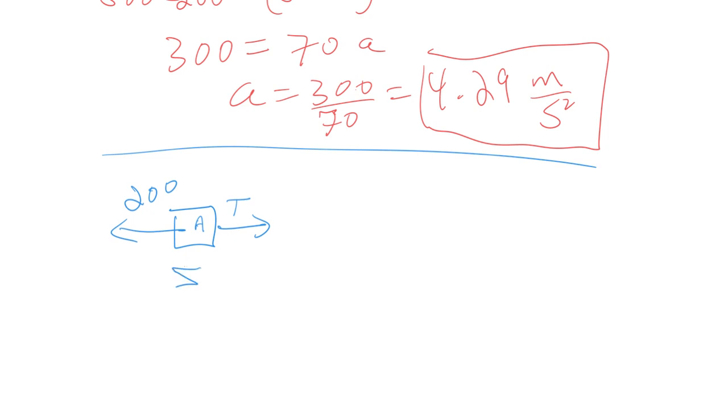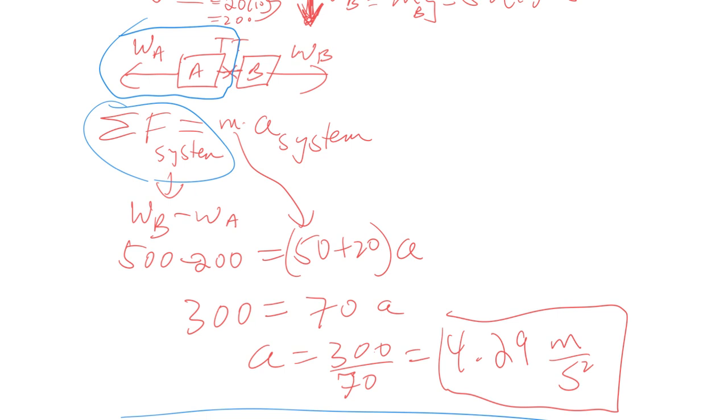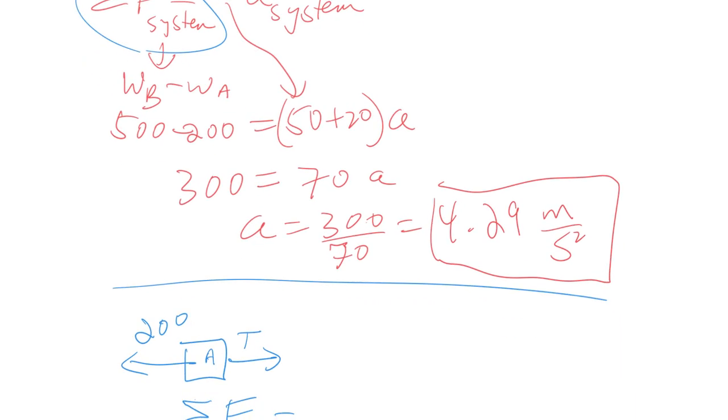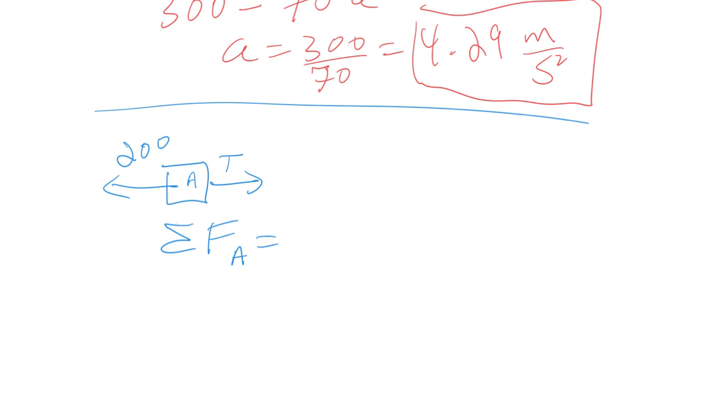Okay, so what am I trying to find? The tension. The net force on A is not the same as the net force on the system. Actually, the net force on A and the net force on B will add up to be the net force on the system. I didn't say that before. So let's focus. The net force on A is equal to, okay, A's moving upwards.